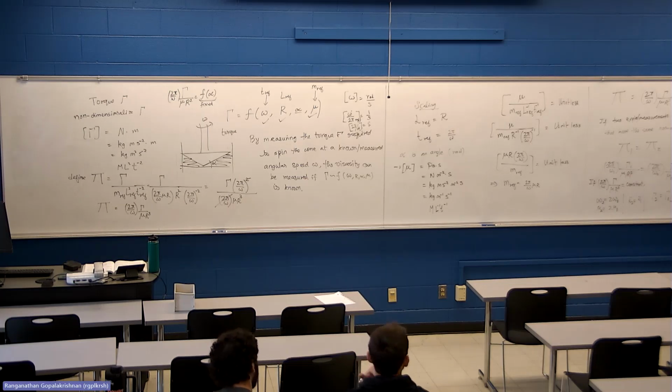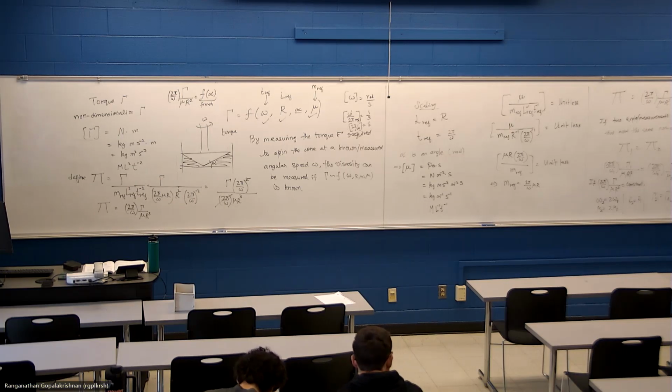If R2 equals 2R1, keeping others fixed, what will be gamma 2? Quick, 30 seconds. 8. Not 1/8, 8 times. That is, since R2 cubed is 8 times R1 cubed, gamma 2 will be 8 times gamma 1.